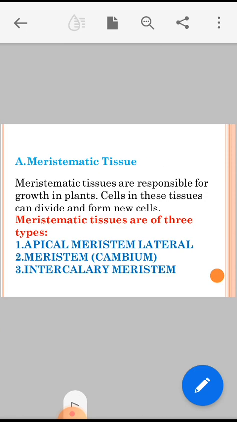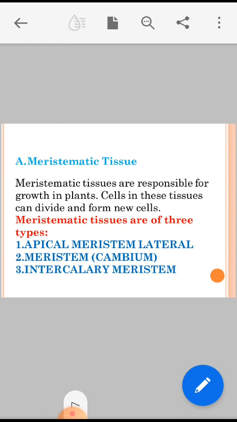meristematic tissues in detail. Now, what are meristematic tissues? Meristematic tissues, as we saw before, are the growing tissues. So they are responsible for growth in plants. The cells in these tissues can divide and form new cells.